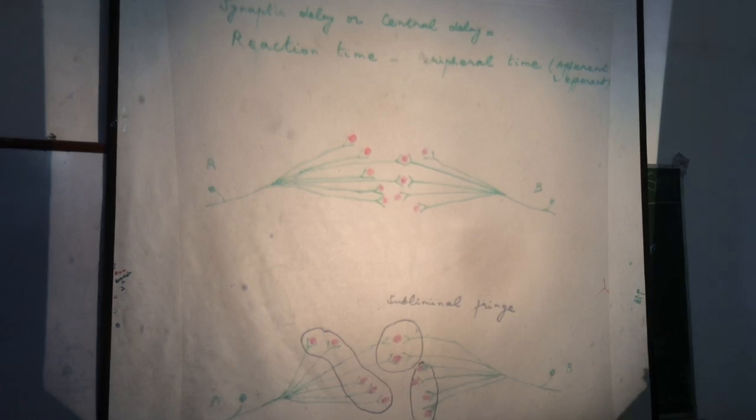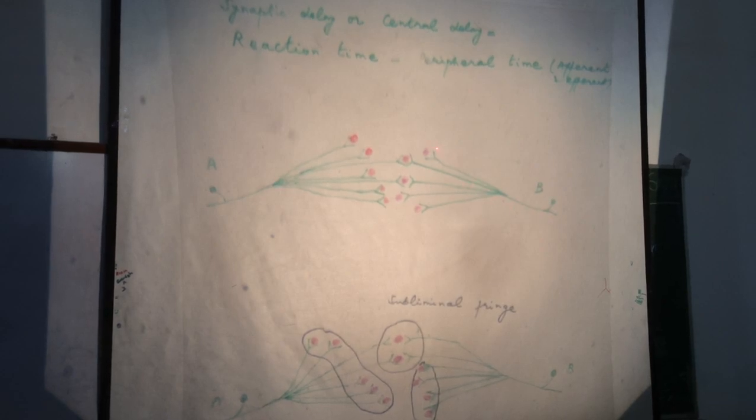Then we come to afferent B. Afferent B is making synapse with 1, 2, 3, 4, 5 motor neurons.